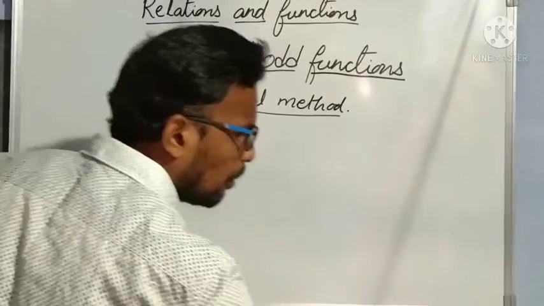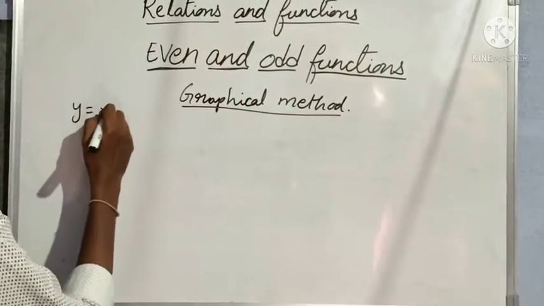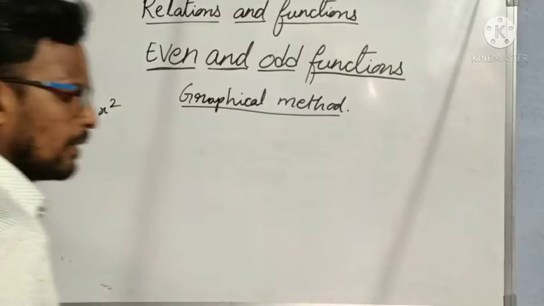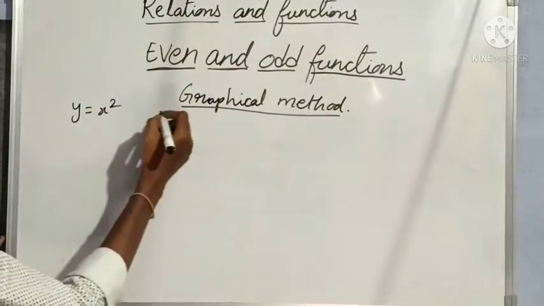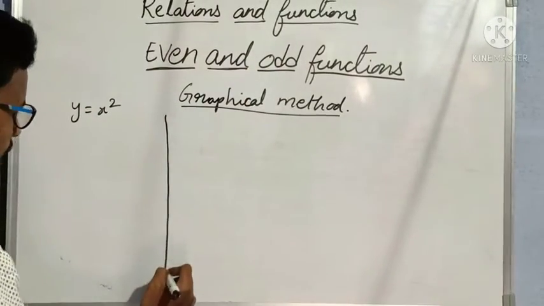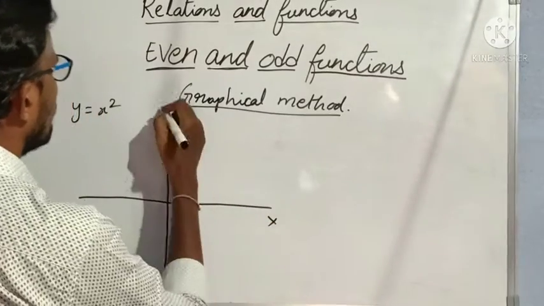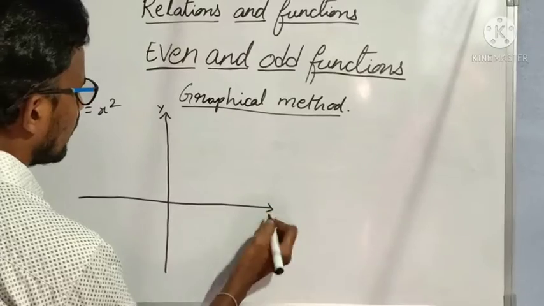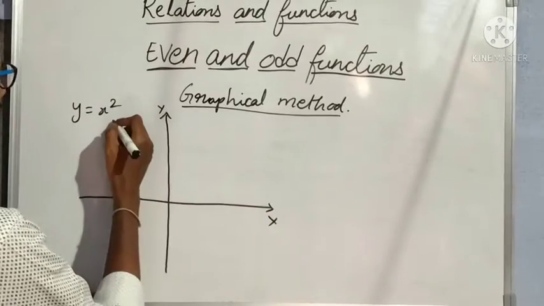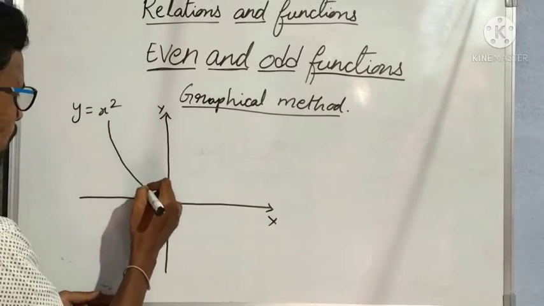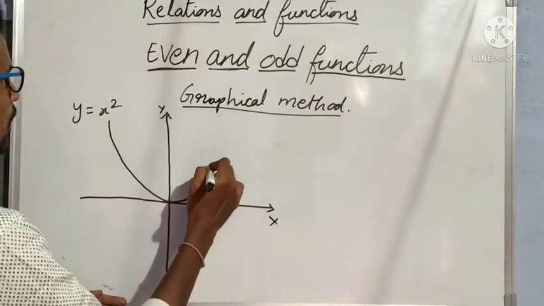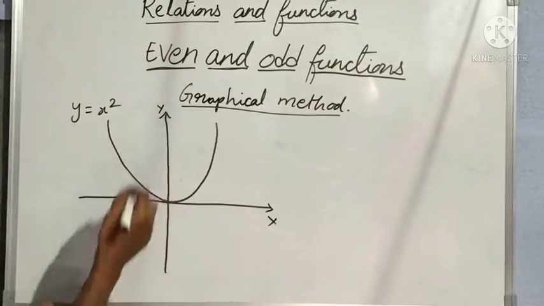I hope everyone knows very well that y is equal to x square is an even function, right? So let us understand that with the help of a graph. Already we all know that y is equal to x square is a parabola. Yes, like this. Why are we getting the parabola like this?